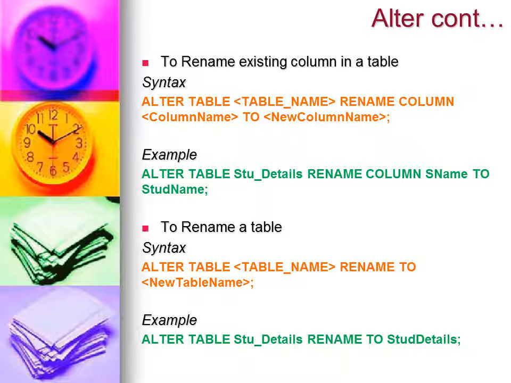To rename an existing column in a table, we can use the alter command. For that, the syntax is alter table, table name, rename column, the old column name, to, new column name. That is, we can change the column name using this syntax. In this we must mention rename column. Column is mandatory.